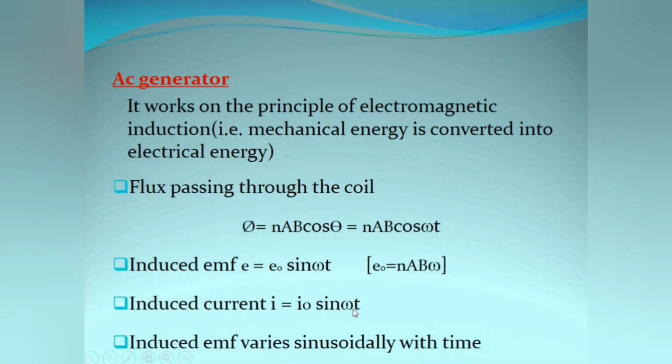And this induced EMF varies sinusoidally with time. So whatever current is produced in this generator is changing sinusoidally with time. So we are going to call it alternating current. So this is the brief synopsis of the chapter electromagnetic induction.